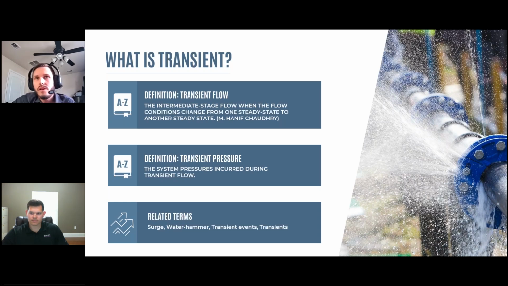When the pumps trip or a valve opens, closes, or even partially closes, flow is altered, which induces a pressure wave, which is eventually settled out in the system by friction and the damping effects of water, which brings the flow to a new steady state. The flow in between steady states is called transient flow. Transient pressure is simply the system pressures incurred during transient flow.